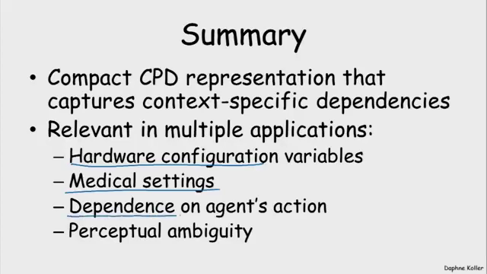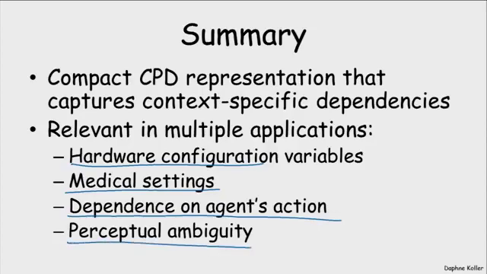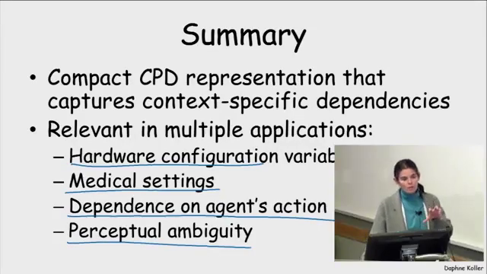Dependence on an agent's action, as we've seen, for example, in the student's decision on whether to apply for a job or not, or which letter to submit. And we've also discussed perceptual ambiguity, where the value of a particular sensed observation depends on which real-world object that observation comes from.